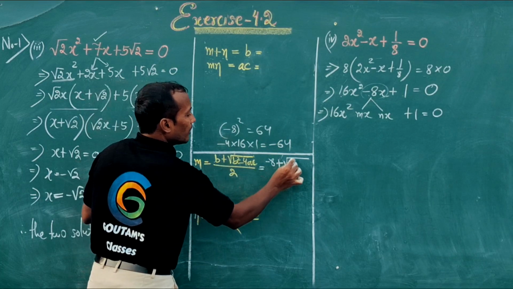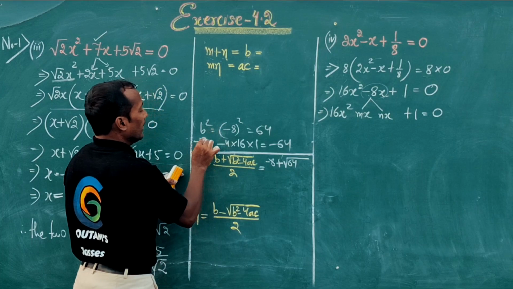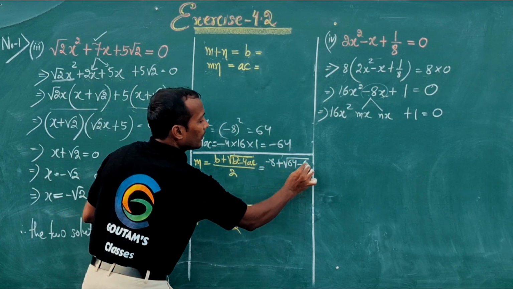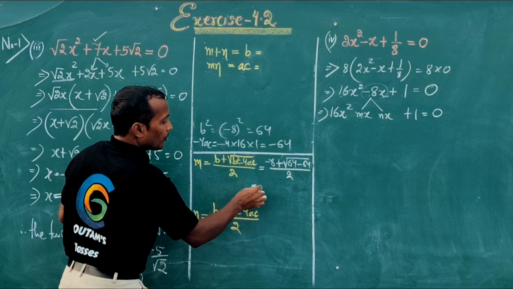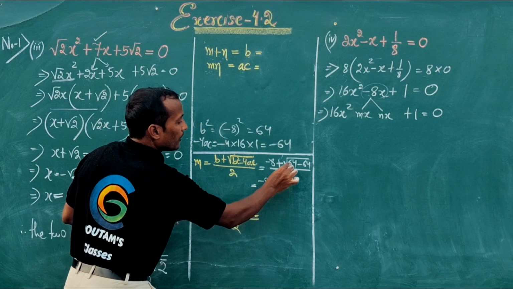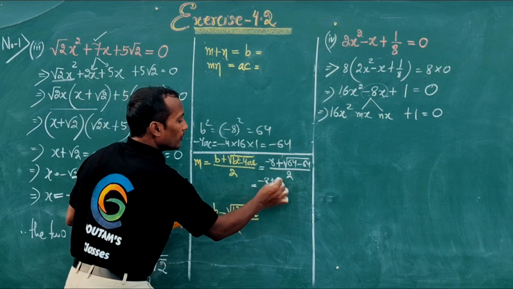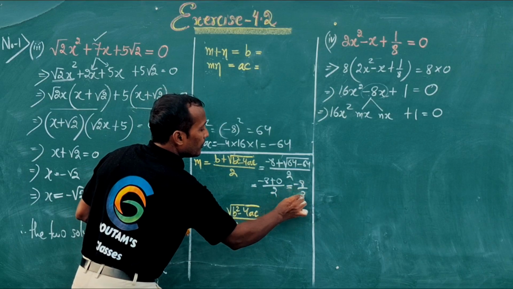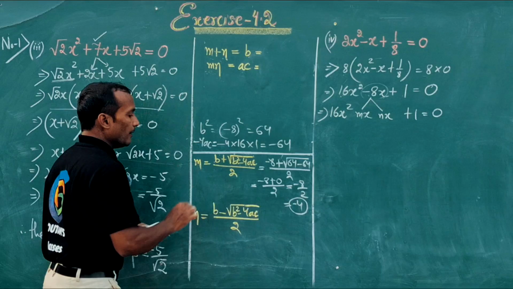So I have b square means 64 and minus 4ac is minus 64, by 2. So I have minus 8 plus 64 minus 64 is 0. Root of 0 means 0, by 2. So I have minus 8 by 2 and then minus 4. This is the value of m.